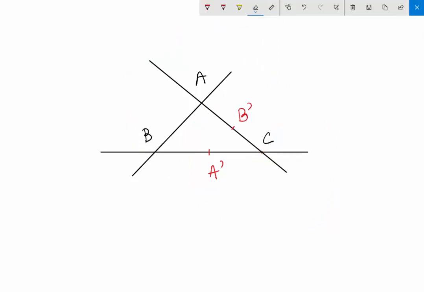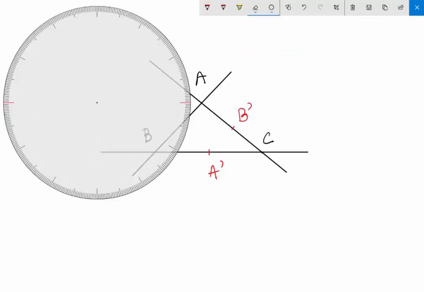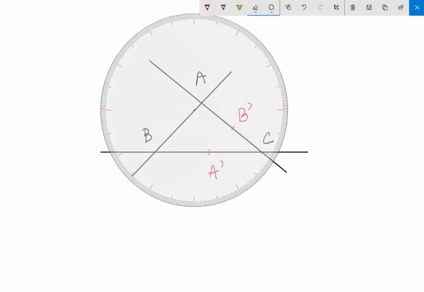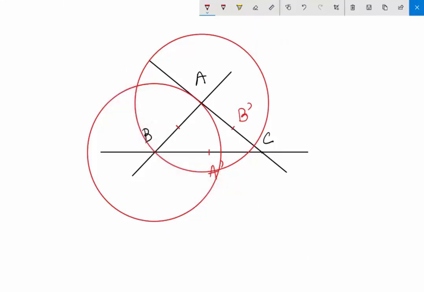All right. Now we need to find the midpoint of AB. Again, we'll play the same game. Take your compass, center it at A, and draw the circle. Okay, so now we can find the midpoint of AB. We'll call it C prime.